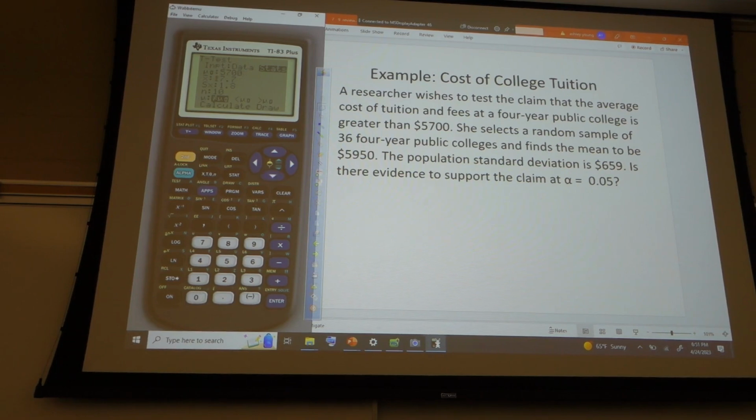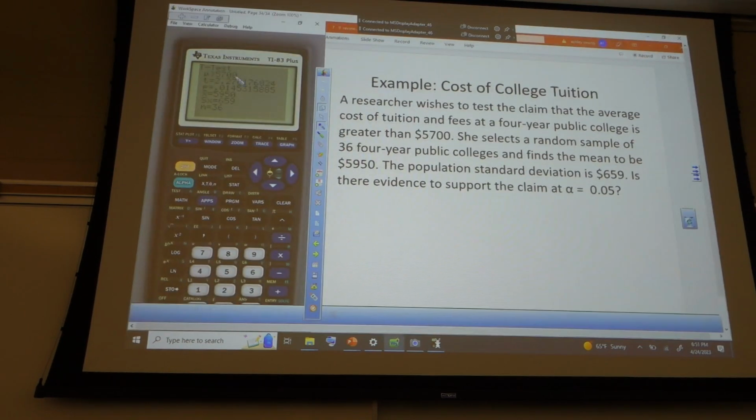Our x bar was 5,950 with a standard deviation of 659. My n was 36, and our last one, our claim, was greater than. So we ended up with a t-value of 2.276 and a p-value of 0.0145. Great.